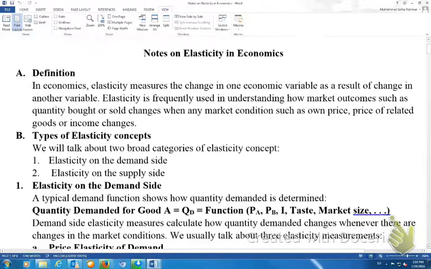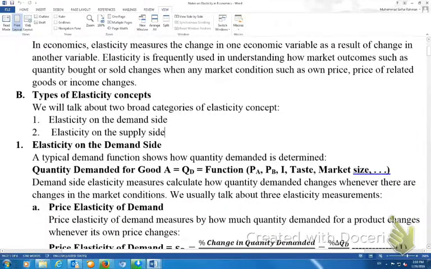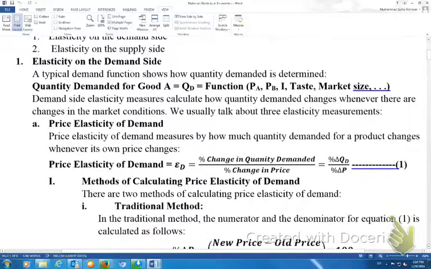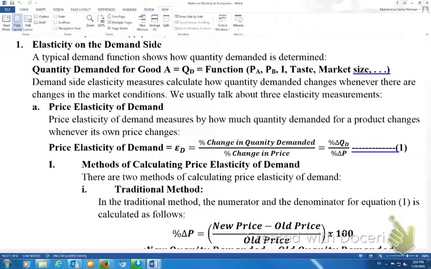The first concept that we are going to encounter is the elasticity concept on the demand side. Before we start that, it is important to get a general sense of how a demand function looks.